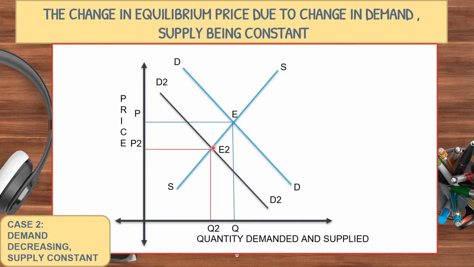This new equilibrium point E2 determines a new equilibrium quantity demanded and supplied, which is a lesser quantity demanded and supplied. So you can see that when supply remains constant and demand decreases, not only the price falls, but the quantity demanded and supplied also falls. So that is the impact that a decrease in demand has on equilibrium price when supply remains constant.